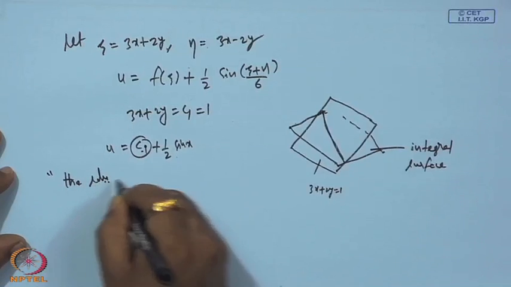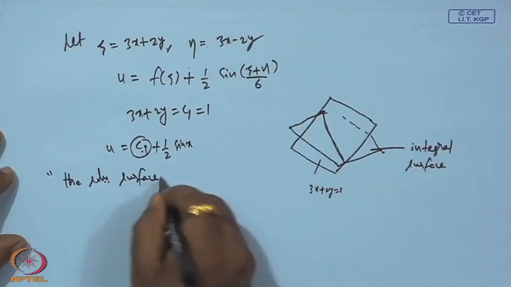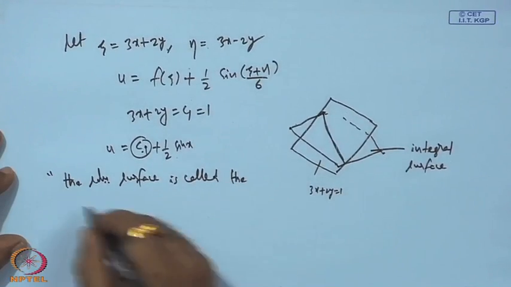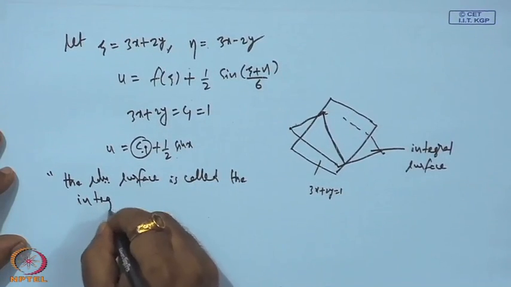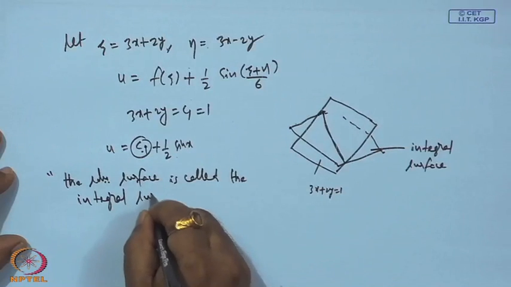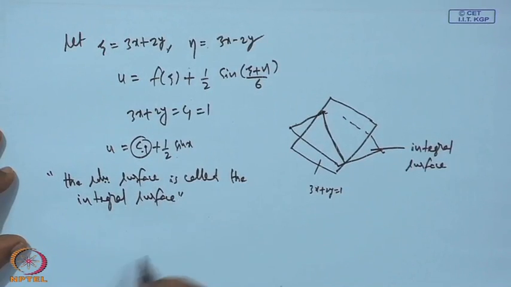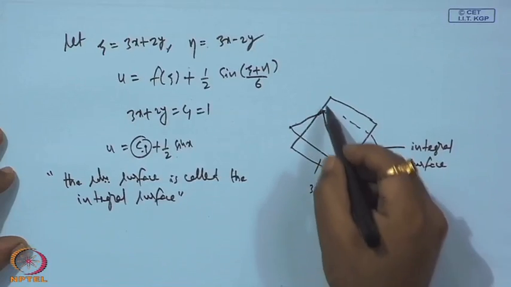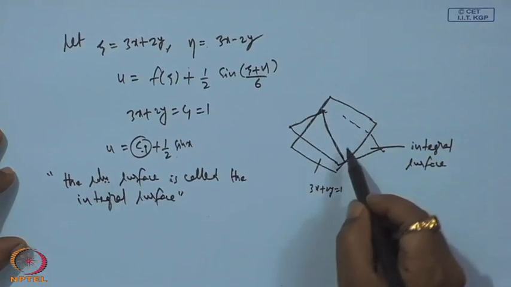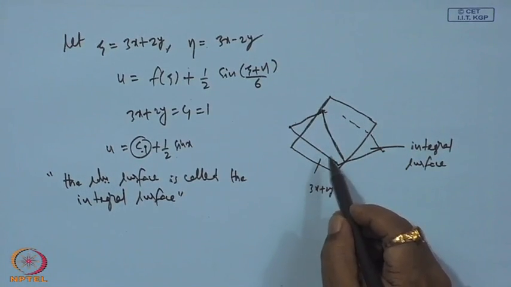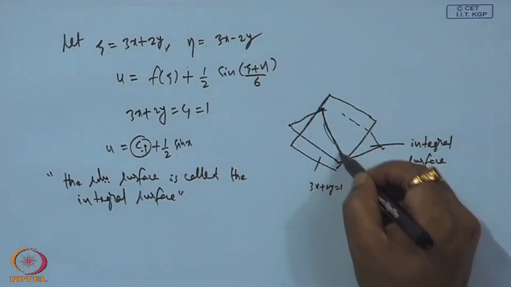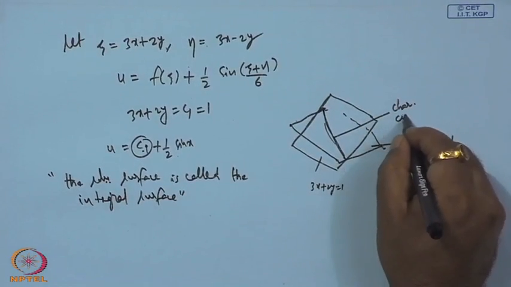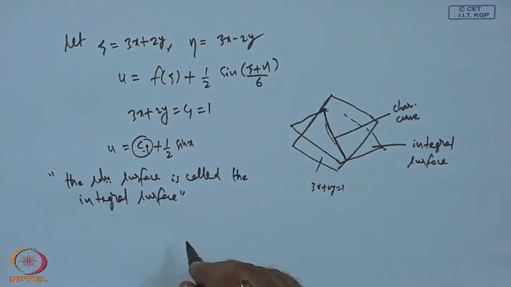The solution surface is called the integral surface. So these integral surfaces, and these are the planes which we got from the characteristic equation, they intersect along a curve and this curve is called a characteristic curve.